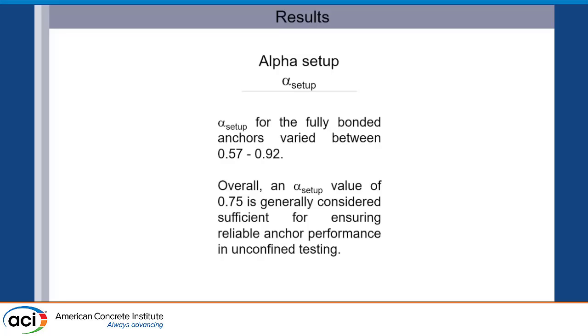So lastly, the alpha setup factor varied between 0.57 and 0.92, and an overall value of alpha setup of 0.75 is generally considered sufficient for ensuring reliable anchor performance in unconfined testing.